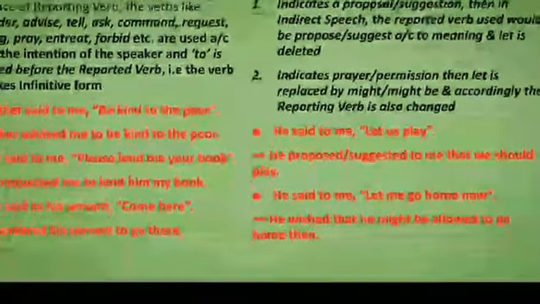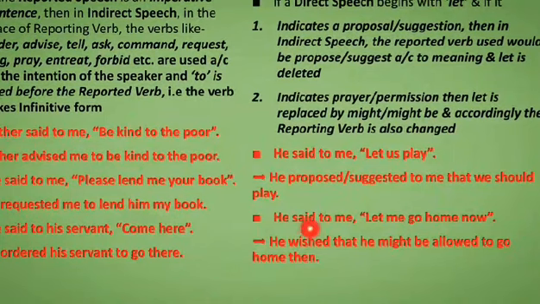So how is it written? It can be changed to he wished. Or he just had a wish, he just thought that he might be. This part will be changing according to the sentence.